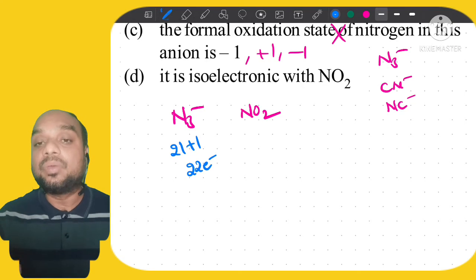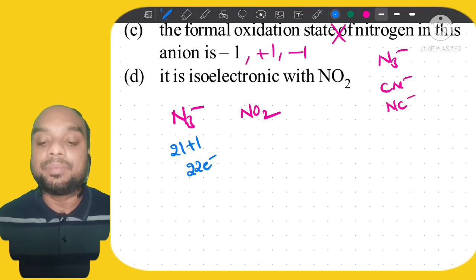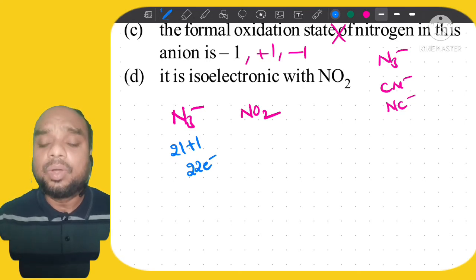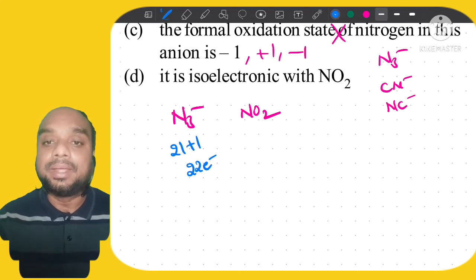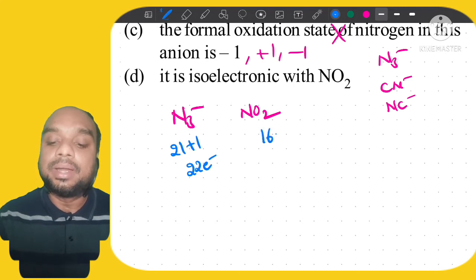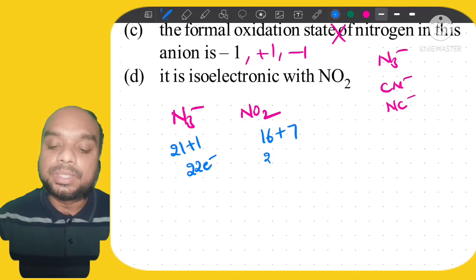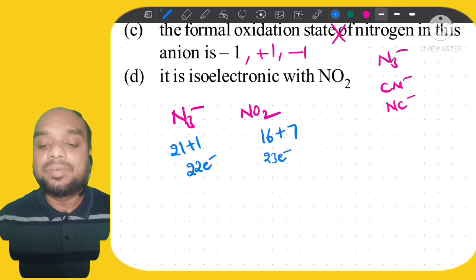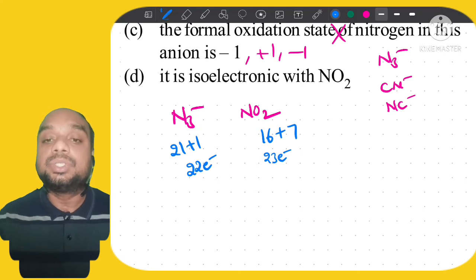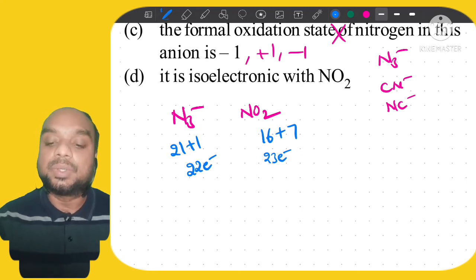And NO2, nitrogen dioxide: two oxygens, oxygen atomic number 8, 8 into 2 is 16, 16 plus nitrogen atomic number 7, so we get 23 electrons. Nitrogen dioxide has 23 electrons, azide ion has 22 electrons. So these two are not isoelectronic.